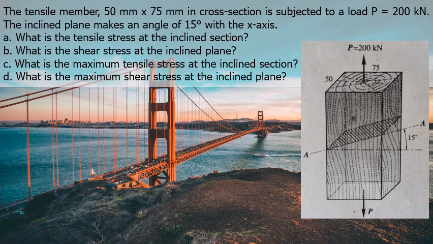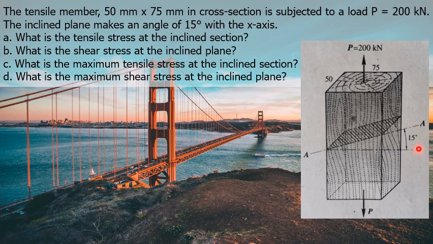Shown on the right is the figure of the tensile member, which has a cross-section of 50 mm by 75 mm. It is subjected to a tensile load of 200 kilonewtons. We are to find the stresses on the inclined plane AA, which has an inclination of 15 degrees with the x-axis or with the horizontal.